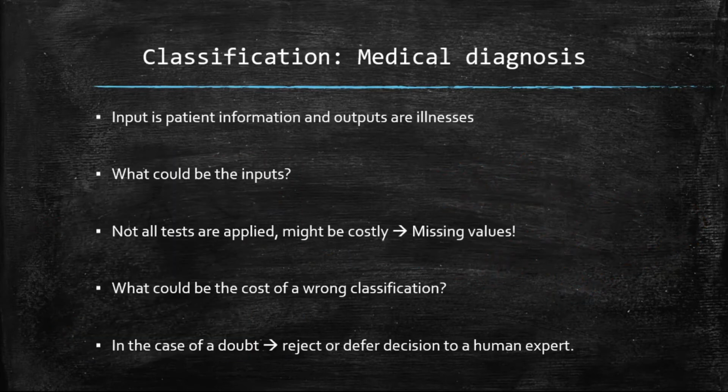One more very exciting area that classification can be applied to is medical diagnosis, right? So here, the input is the information of a particular patient, and we'd like to classify the illness that that person might have, right? So you might consider just a simple label, like, is it arthritis? Is it a simple cold? Is it cancer?